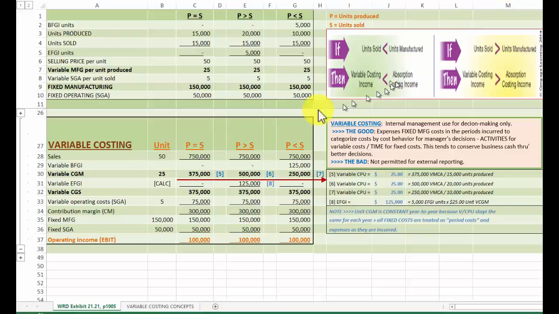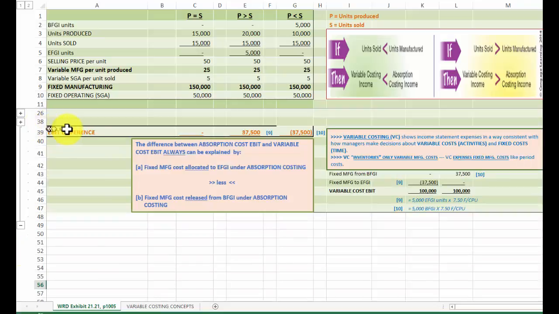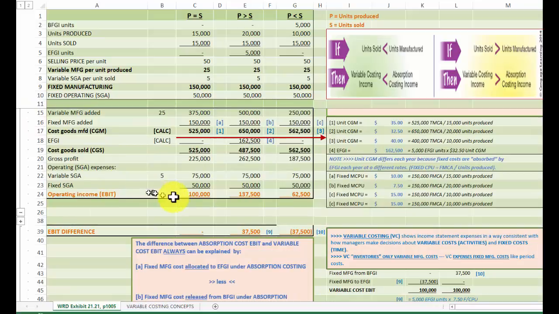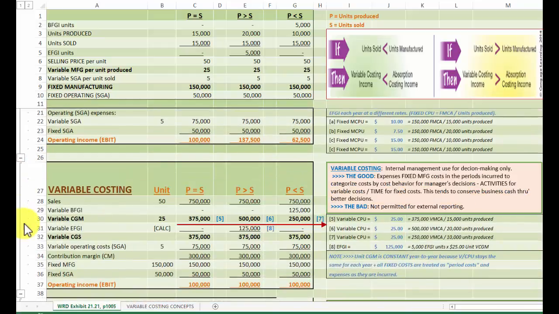The third topic in this video is reconciling variable costing income to full absorption costing income. Now, when we produce the income under full absorption, you can see that we had $100,000 in the first period, $137,500 in the second period, and $62,500 in the third period. Under variable costing, we had $100,000 of income for each period.